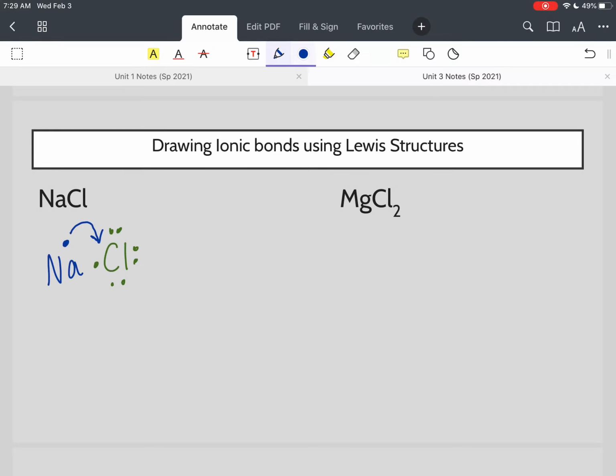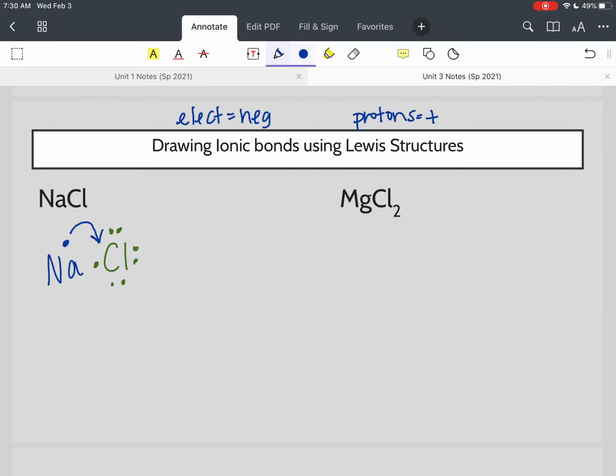Okay, but remember, when we have ionic bonds, we form ions. So we need to remember that our electrons are negatively charged and our protons are positively charged, okay? So if I have sodium here, it's neutral. That means it has the same number of electrons and protons, so everything's even.